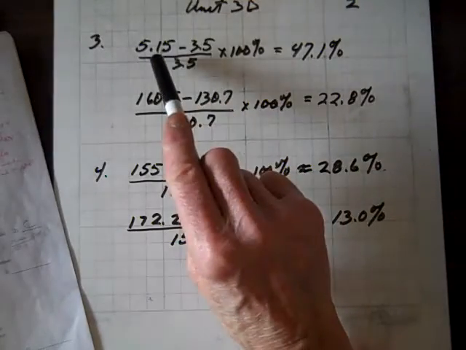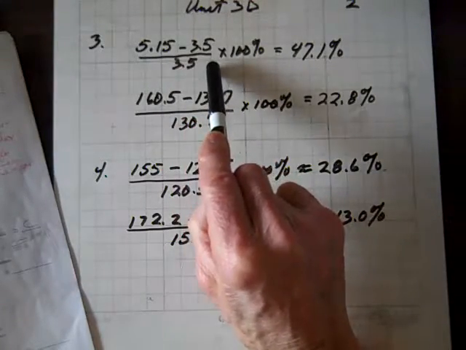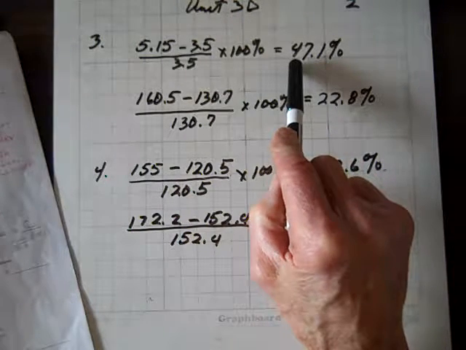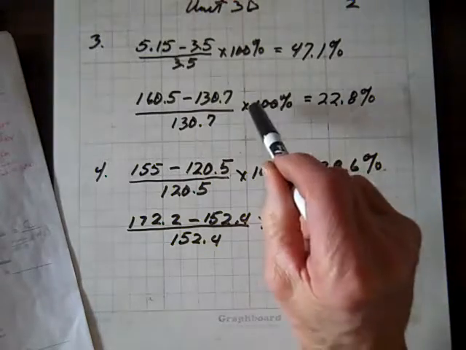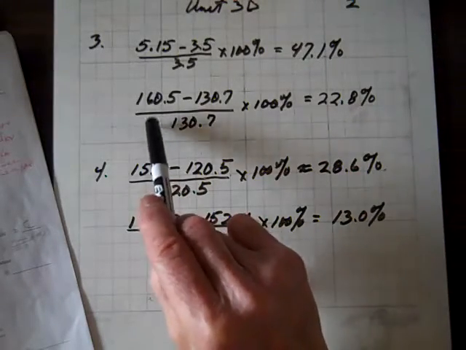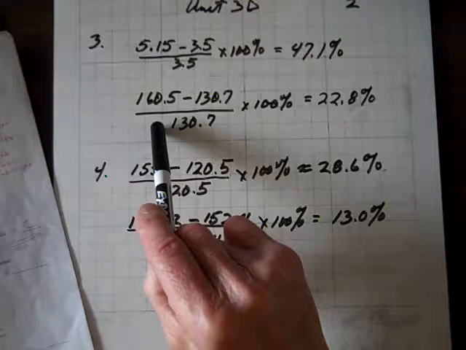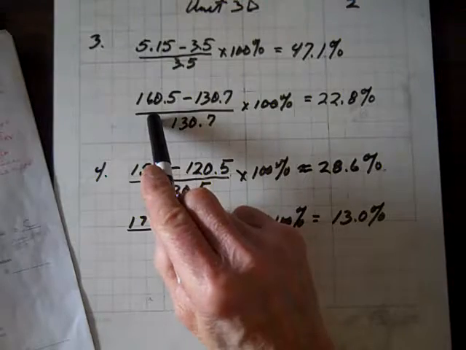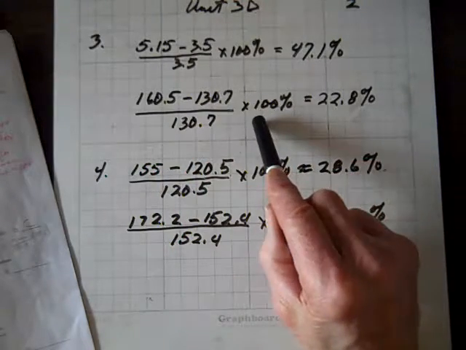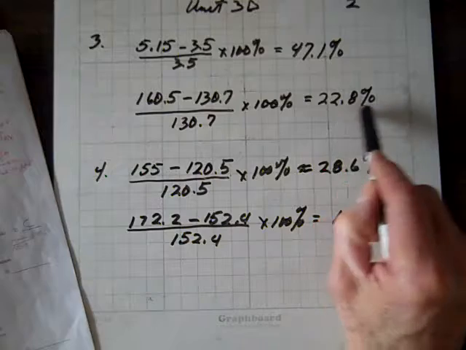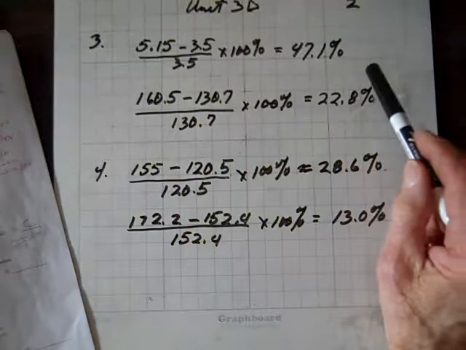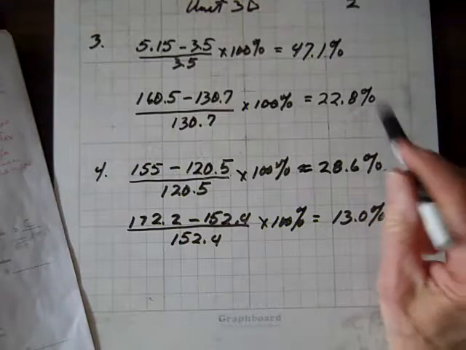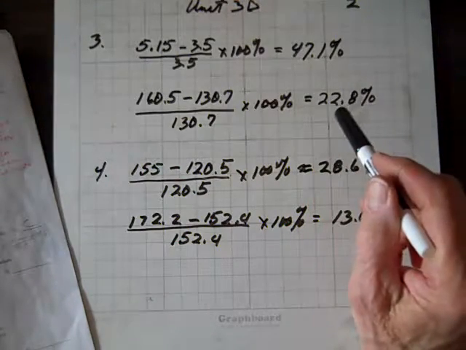Looking at just finding the rate of change in the minimum wage values, we get a percent change of 41.7%. Using the price index values, which gives us the rate of inflation, we get 22.8%. So the minimum wage went up at a higher rate than the rate of inflation during that period of time.